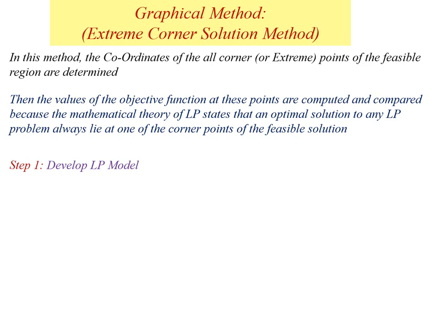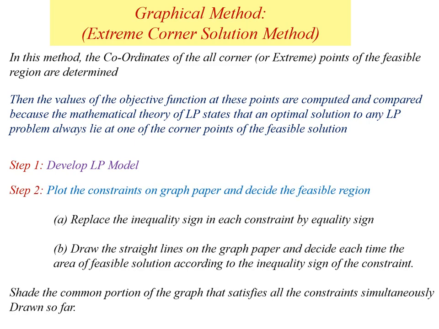First step is to develop the linear programming model. Based on the given data, we have to develop the constraints and objective function. Second step is to plot the constraints on the graph sheet and decide the feasible region. For this, first we have to replace the inequality sign by an equality sign in all the constraints.